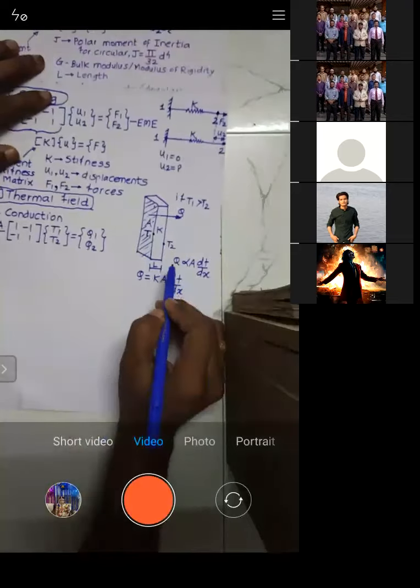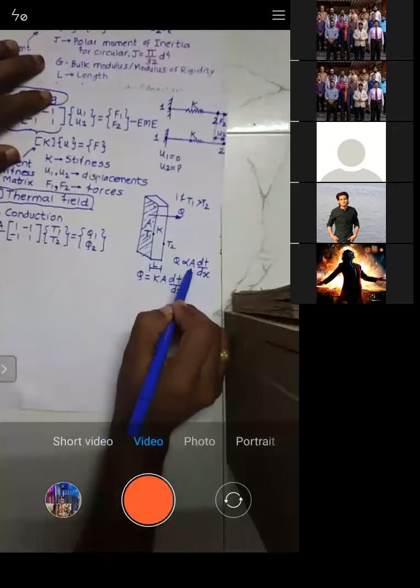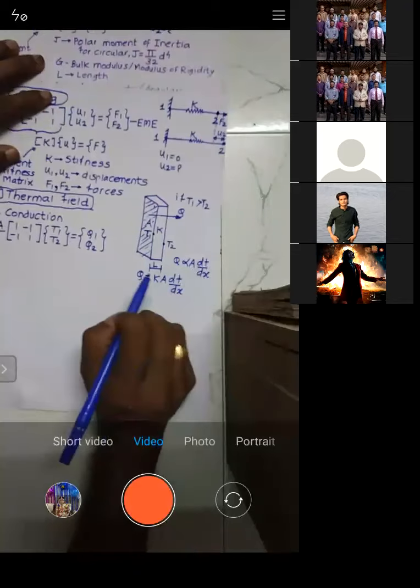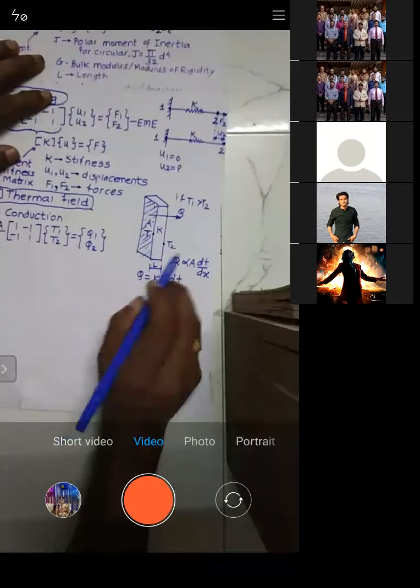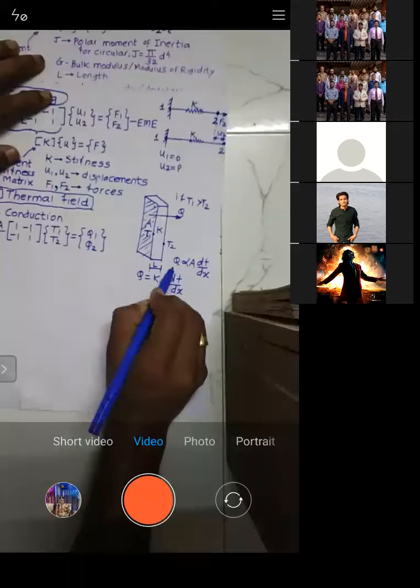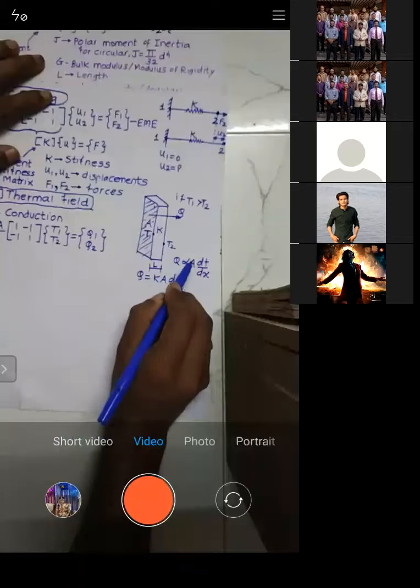What Fourier's law says is that the amount of heat flow is directly proportional to the cross-section area and the change in temperature with respect to the length of the path of heat flow.